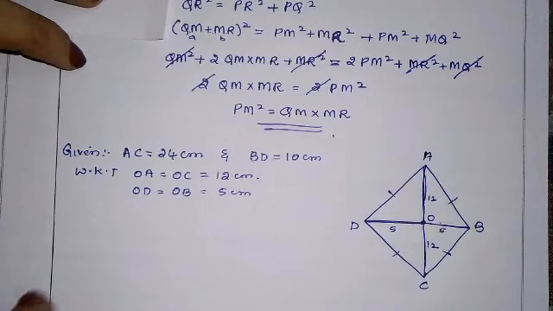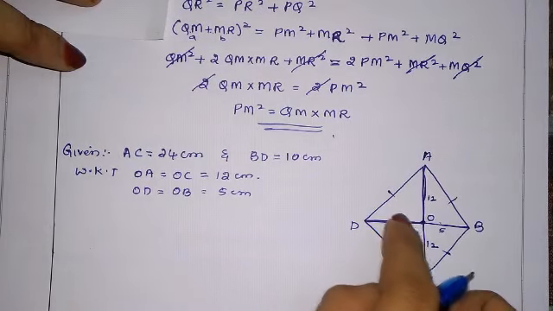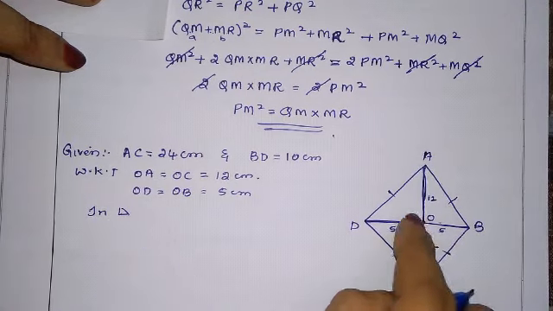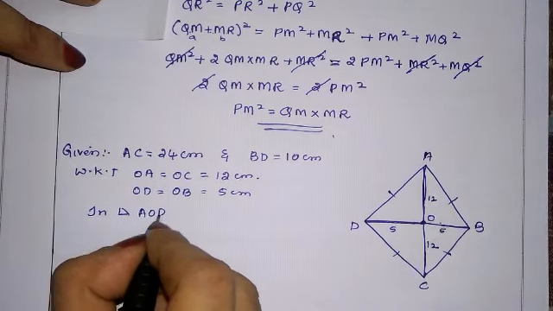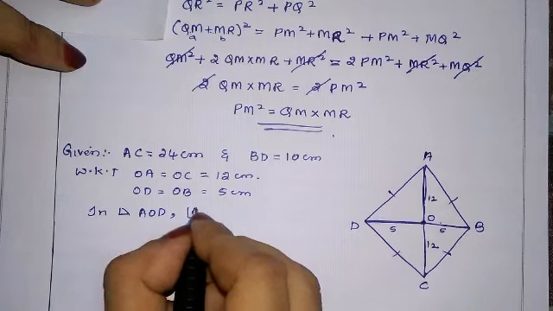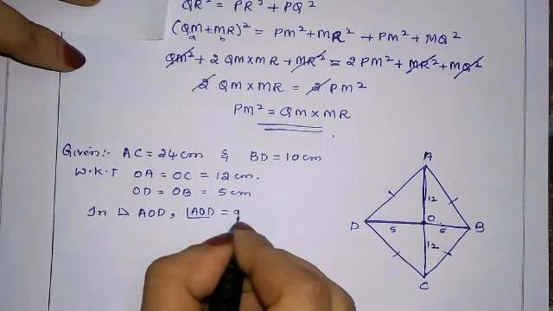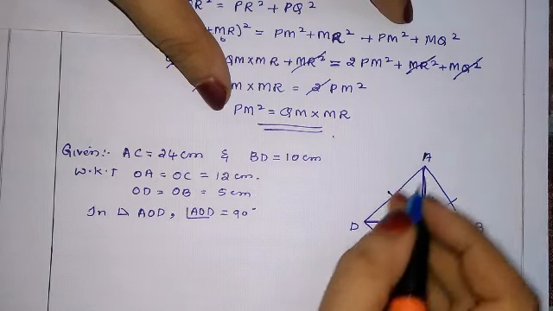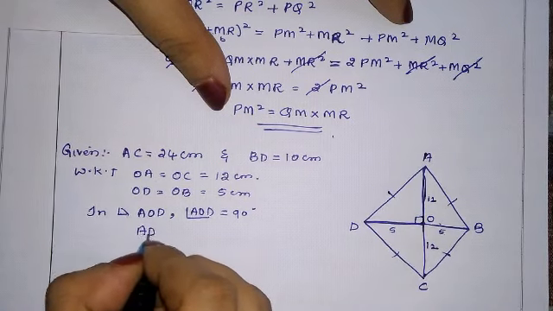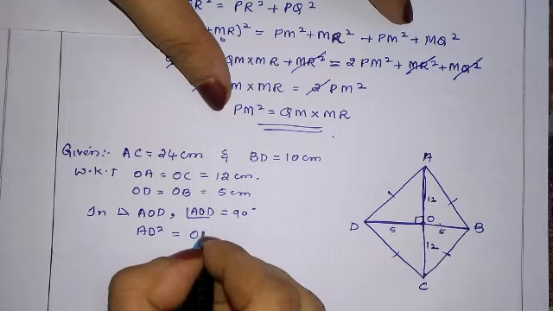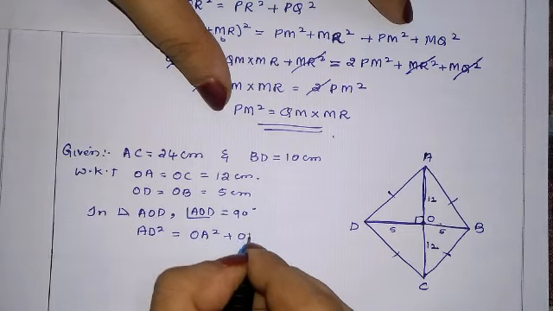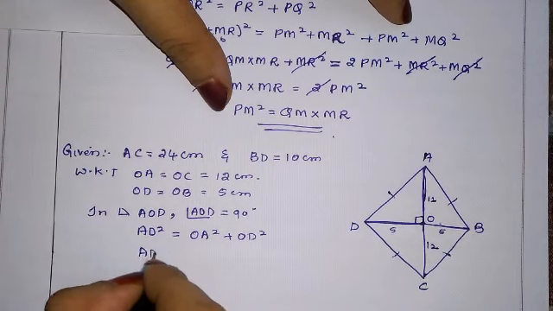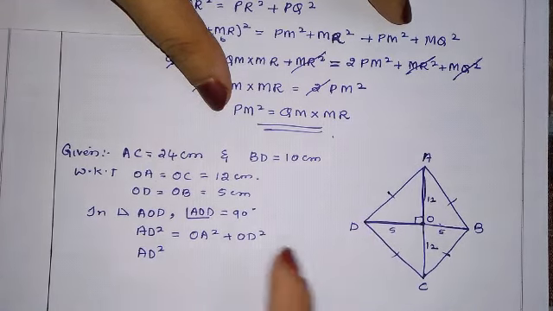Now let me solve this. Any one triangle we will take. In triangle AOD, angle AOD is equal to 90 degree. We know by Pythagoras theorem, the side opposite 90 degree is the hypotenuse. AD square is equal to OA square plus OD square. AD we don't know. AD is our side of the rhombus.